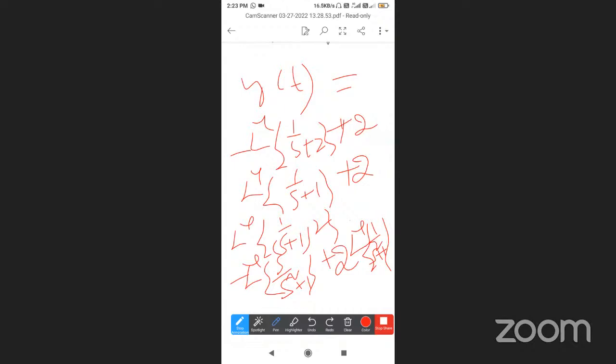The inverse Laplace transform of 1 by s plus 1 is e power of minus t. For 1 by s plus 1 whole square, using the shifting theorem, we get e power of minus t into t, so 2t e power of minus t. So we get minus cos t plus 2 sin t.